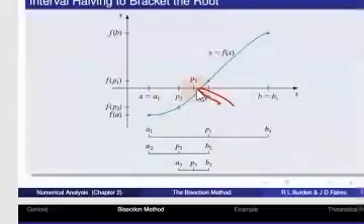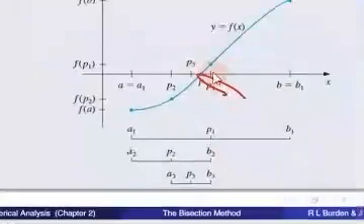So this is the midpoint, P sub 1. Then you check the sign of the product of f of P sub 1 and f of A. You take the product, and definitely the product is negative, and that means there's a root in between these two.